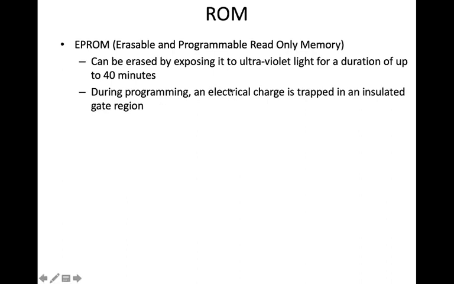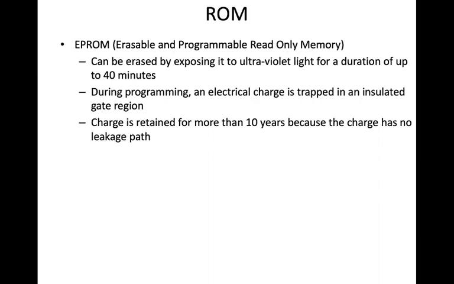And here during programming, an electrical charge is trapped in an insulated gate region. We have gates inside, so a charge will be trapped inside it. So you can delete it also. The charge can be retained for more than 10 years because the charge has no leakage path. So that's how this ROM works.